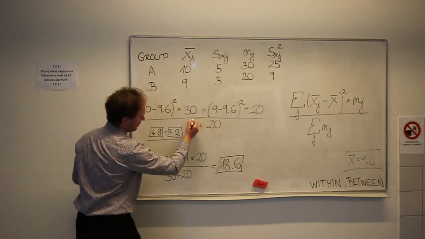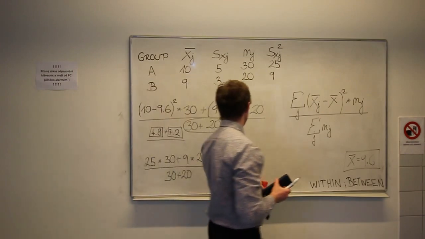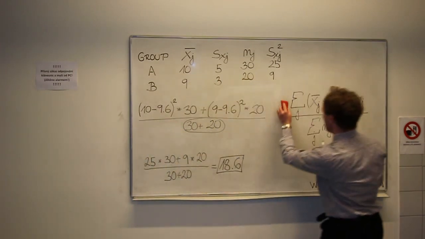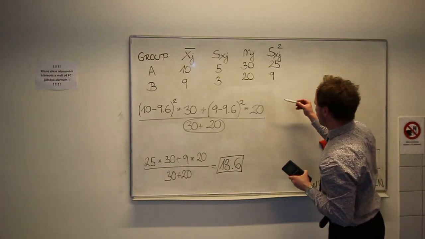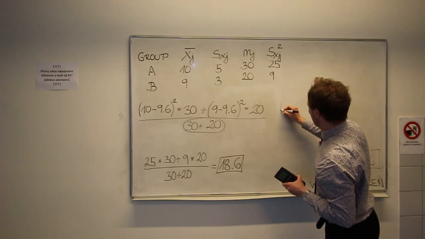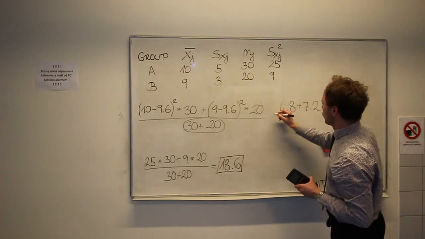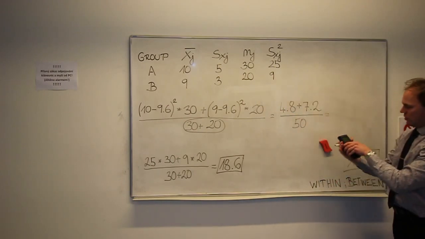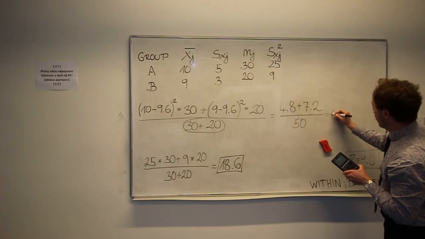So I will rewrite this here: 4.8 plus 7.2 divided by 50, and the total result is 12 divided by 50, which is 0.24.